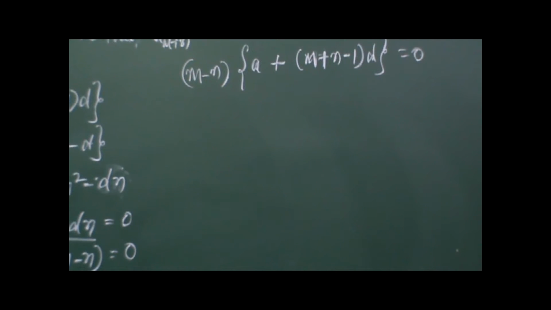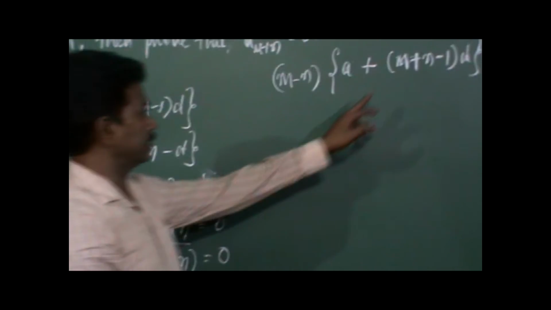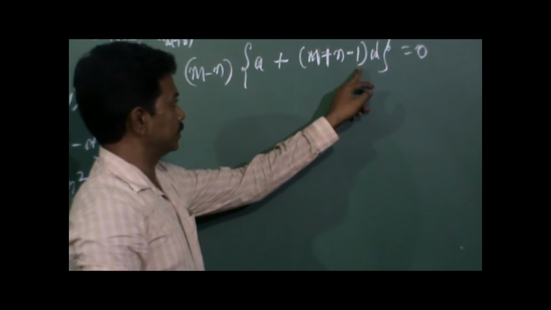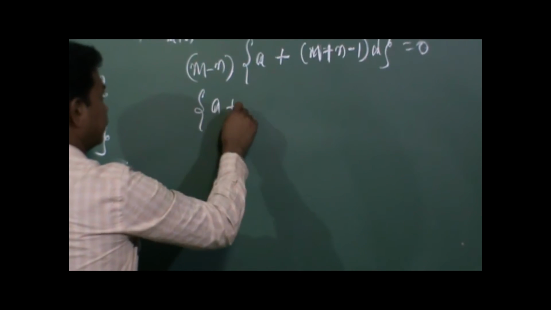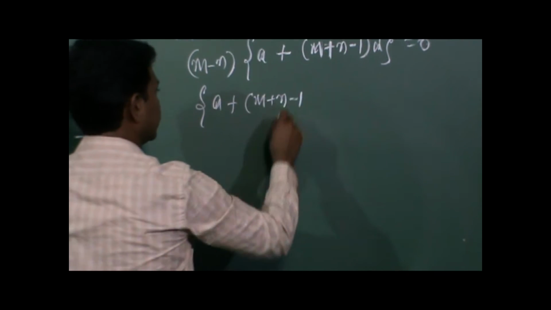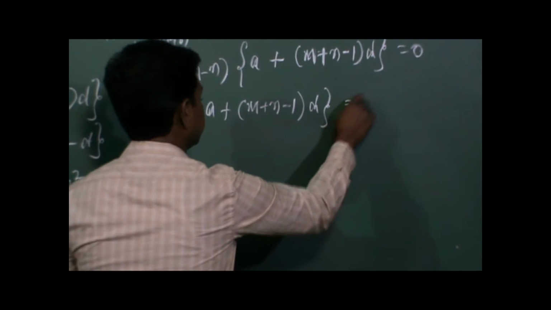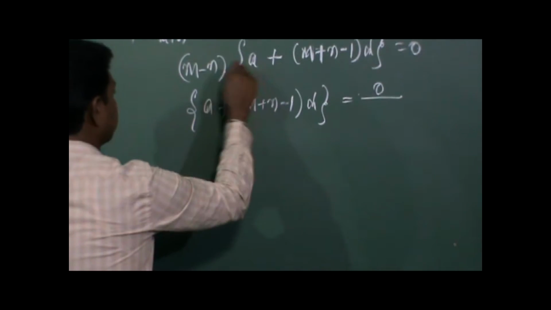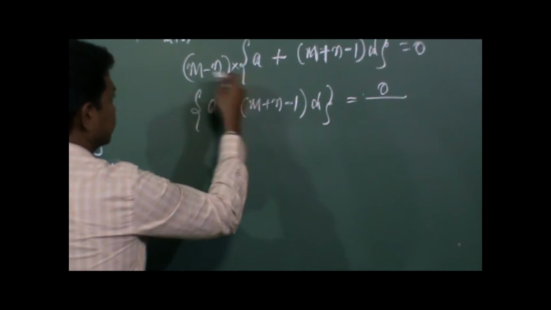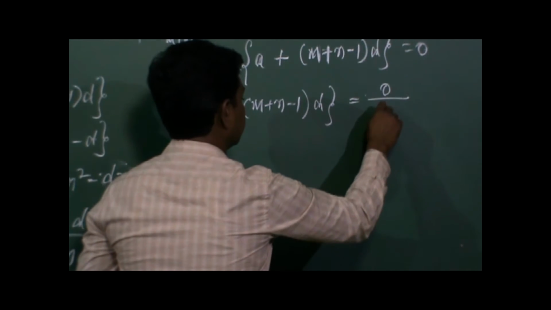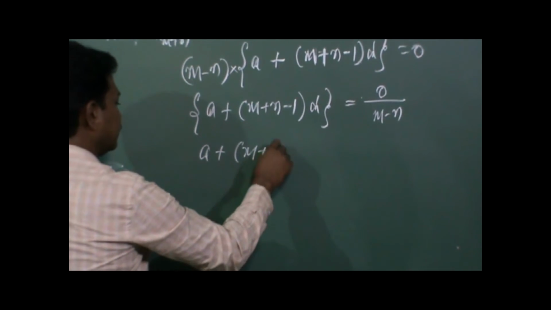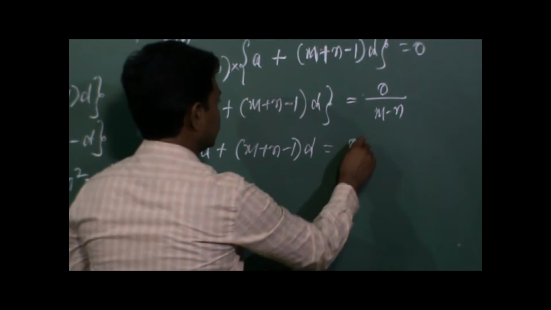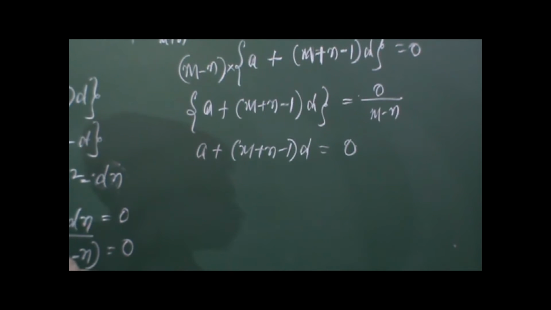And if you take M minus N out of here, you are left over with M plus N minus 1 and D. So which I have written here as the second term, M plus N minus 1 into D. So inside the brackets we have A plus M plus N minus 1 into D is equal to 0 by M minus N. As this is the product, we can transpose M minus N below 0, that becomes 0 by M minus N. So A plus M plus N minus 1 into D is equal to 0. 0 by M minus N is 0. 0 by any number is 0.